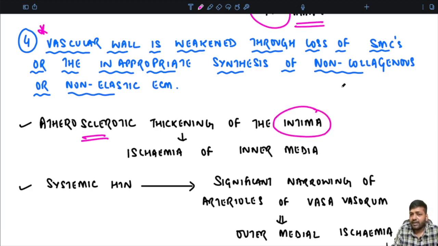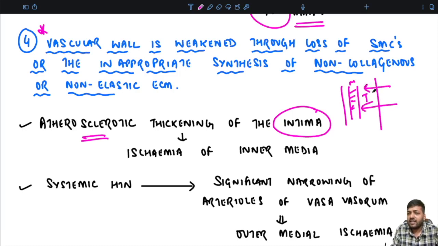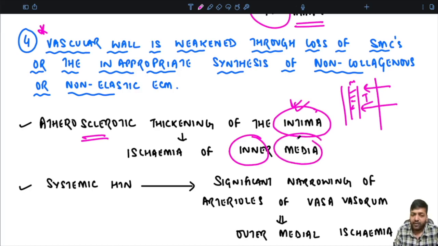For example, if this is the adventitia, this is the media, and over here is the intima. Normally the intima is thin. Now in atherosclerosis, the thickness of the intima might increase. Therefore, oxygen and nutrients have to travel a greater distance to supply the media. So atherosclerotic thickening of the intima can lead to ischemia of the inner media, okay.